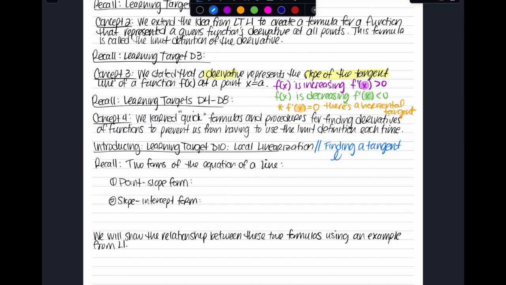We're just now going to extend the idea of finding a tangent line to something called local linearization, and we're going to use this local linearization to approximate the function. We're actually going to use that line to make guesses about what the function value could be near the point where we linearize. I'm going to write this down because it's important.